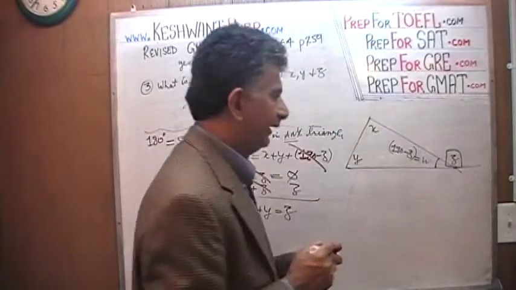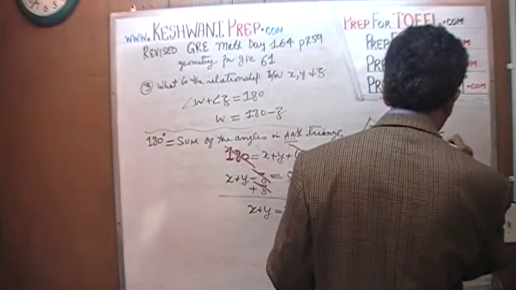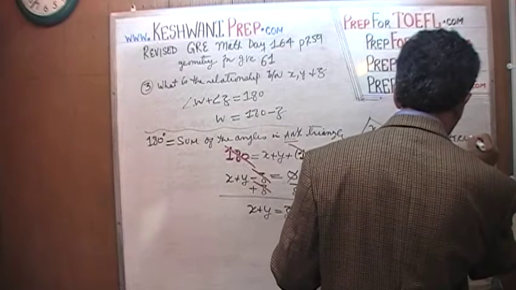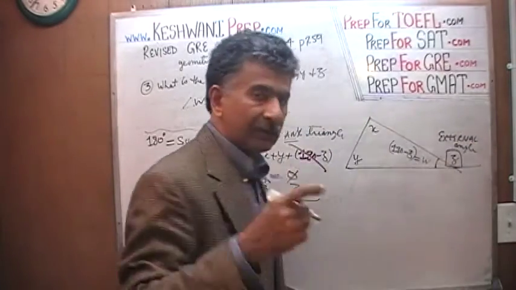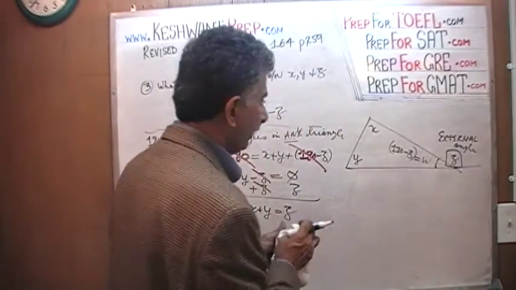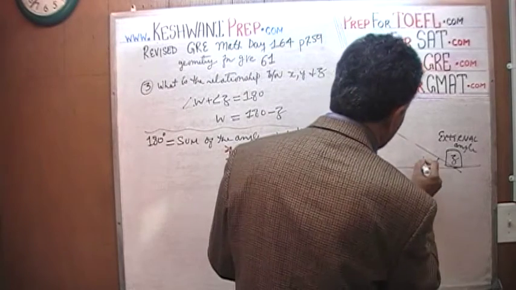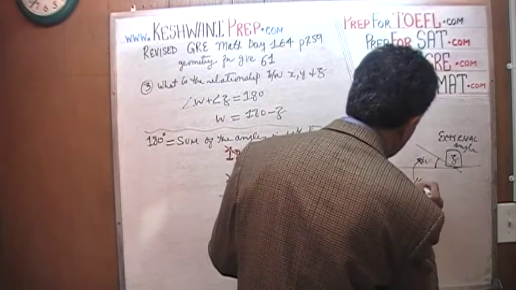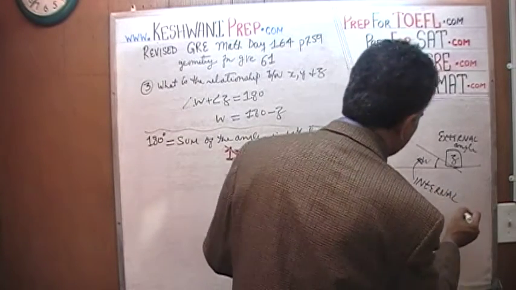Now the z here, the angle z that we're talking about, has a name. This guy that is sitting outside is called the external angle. The corresponding angle, the angle that goes with it, is what I'm calling w. This w is called the internal angle.